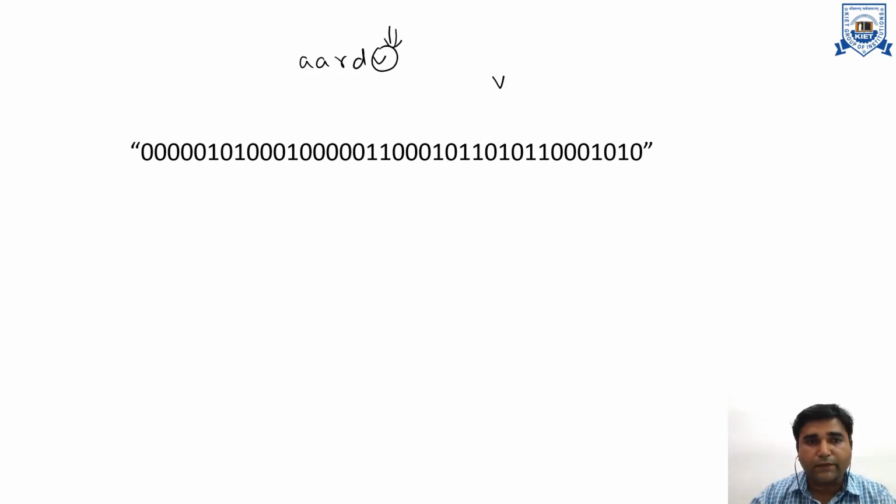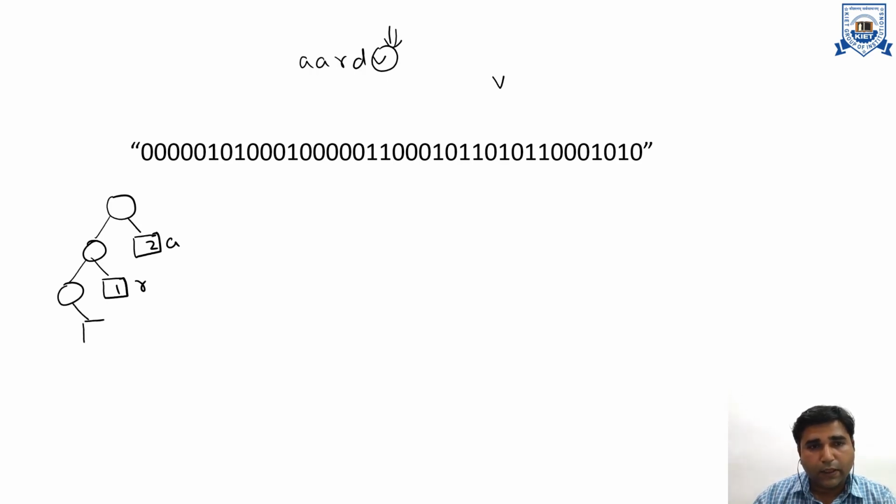In the previous slide we have a tree like this: this is the root node, then on the right hand side we have symbol A with weight 2, then again an intermediate node on the right hand side, then symbol R with weight 1, then the pivot node, then symbol D having weight 1. Now at this place we will put the NYT node.